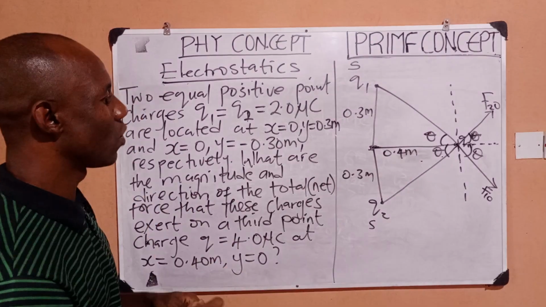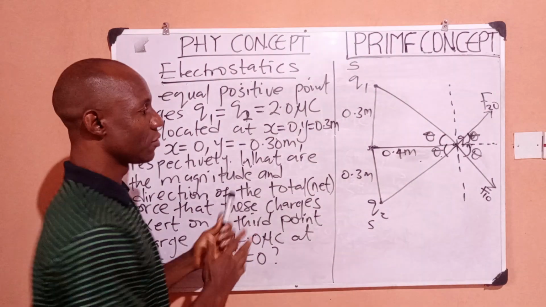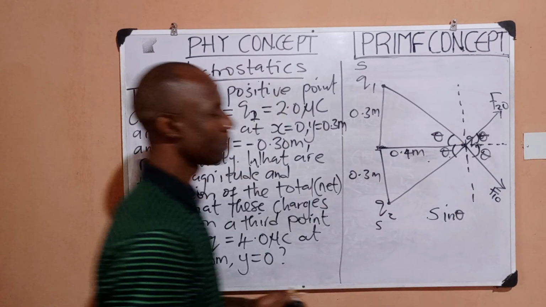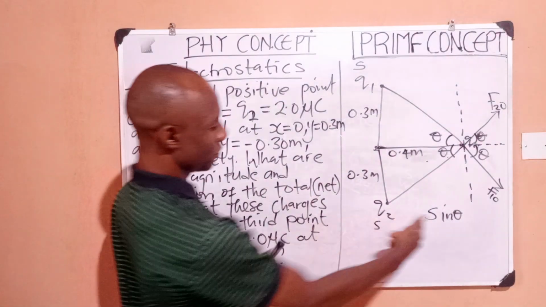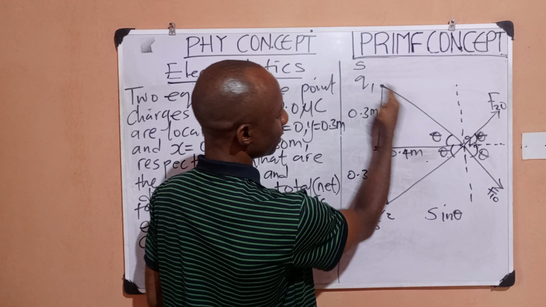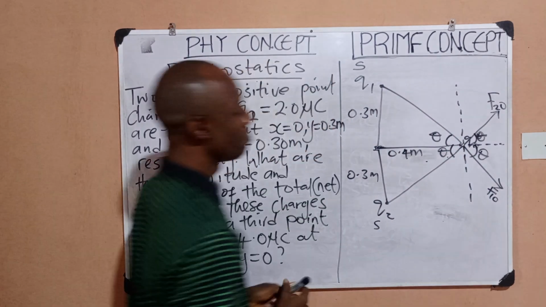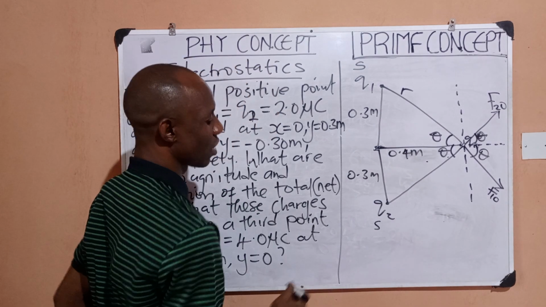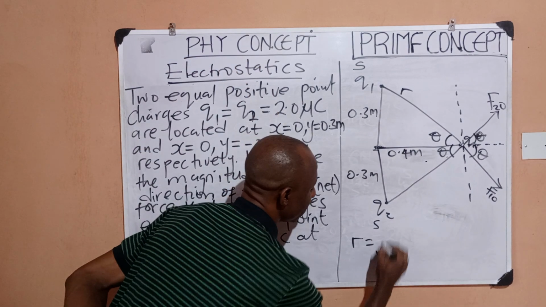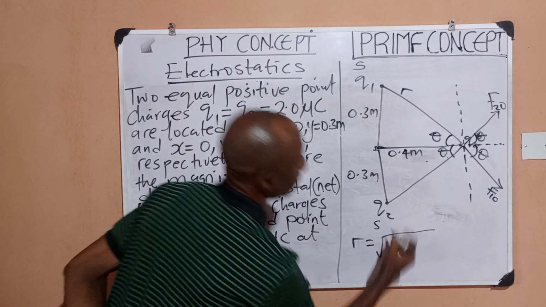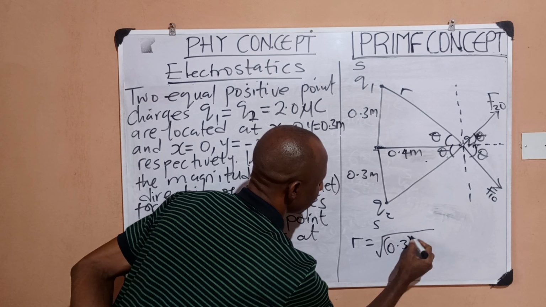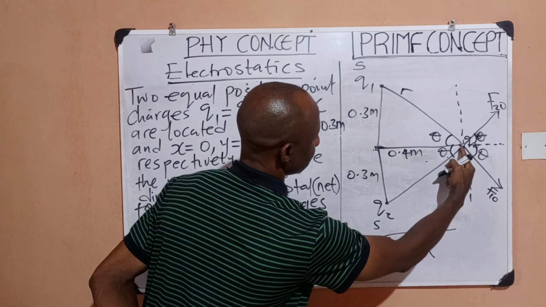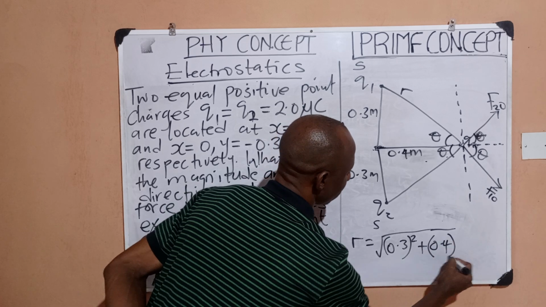So the next thing I want to do before I proceed with solving the problem is to find the value of sine theta, because I will need it. Now, before sine theta, you need to know the length, right? This length we can get based on Pythagoras. So according to Pythagoras, this place I'm going to call R. So R is going to be the square root of 0.3 squared plus 0.4 squared.